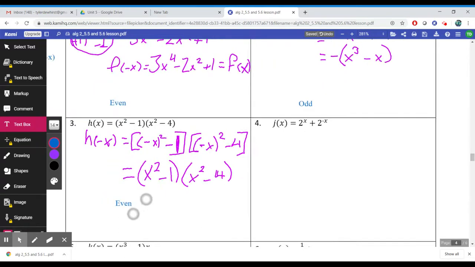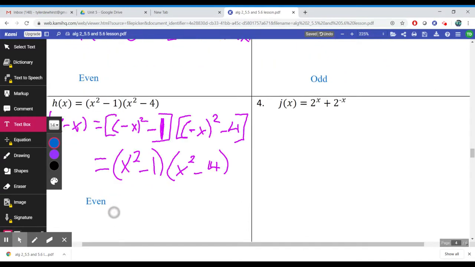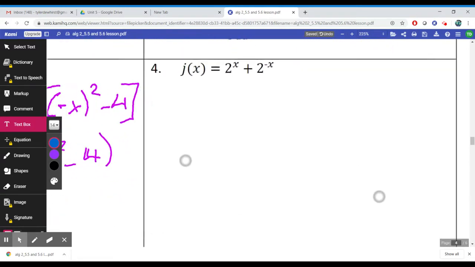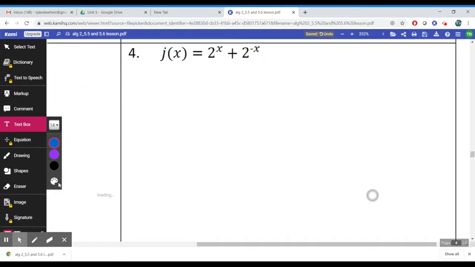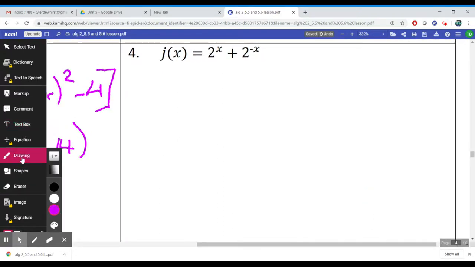Moving on to number 4 together. Started off the same exact way by finding out what j of negative x is.